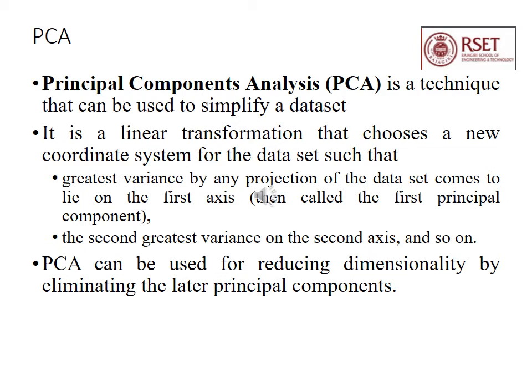That is called the first principal component. The second greatest variance is called the second principal component. So our aim is to retain the highest principal components and eliminate the later principal components. So PCA can be used for reducing dimensionality by eliminating the later principal components.